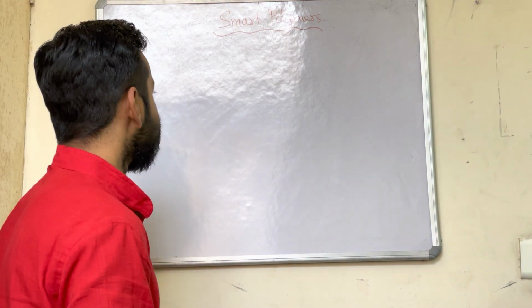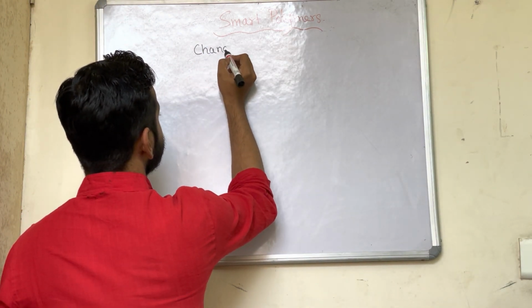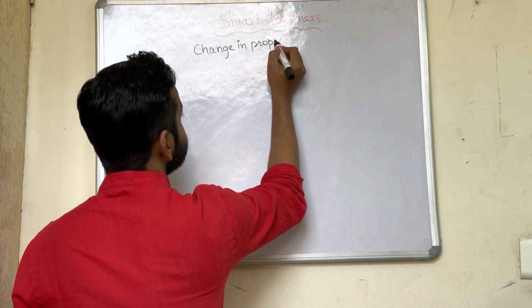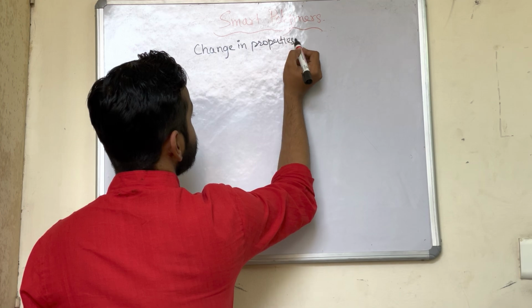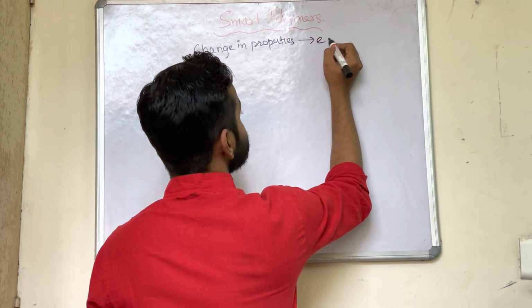So a smart polymer is a polymer which shows change in its properties arising from an externally applied stimulus.